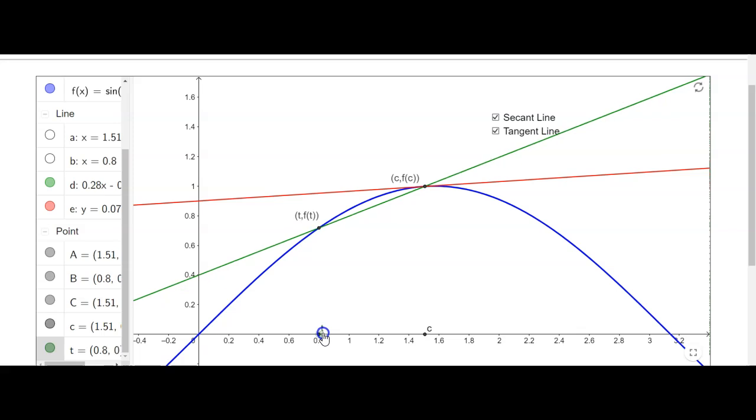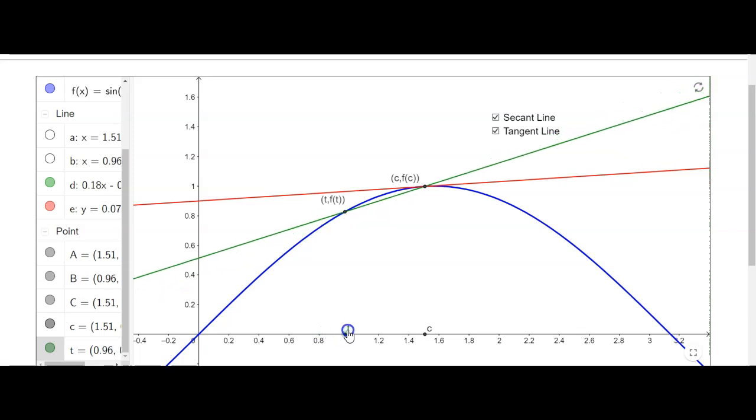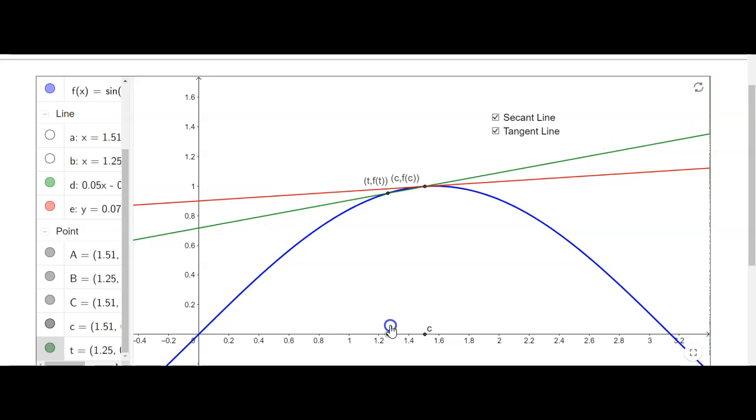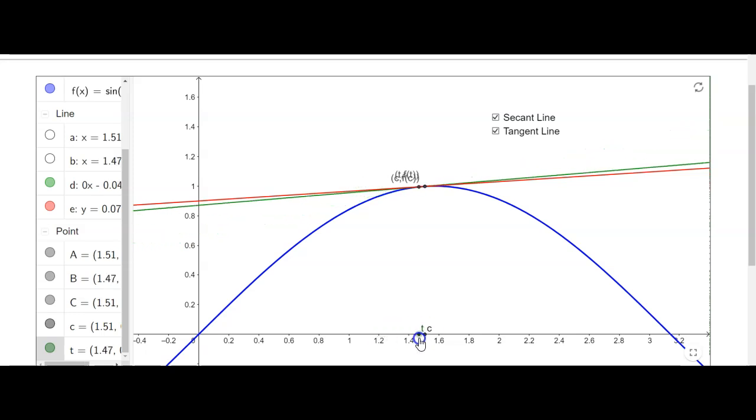As we approach x equals c, the secant line looked more and more like the tangent line. When t was exactly what c was, the two lines were indistinguishable. They were the same line.